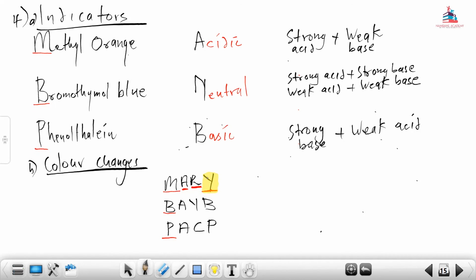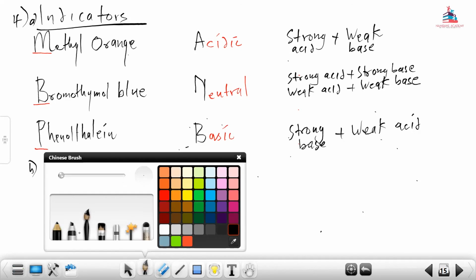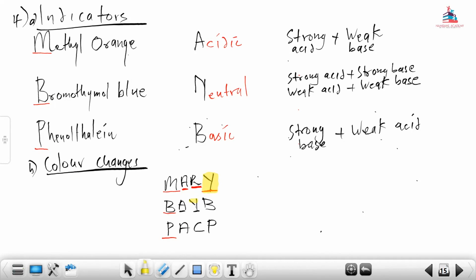But now what if I'm using bromothymol blue? If I am using bromothymol blue in an acid, it will change color to yellow. So let me highlight that and use yellow again.